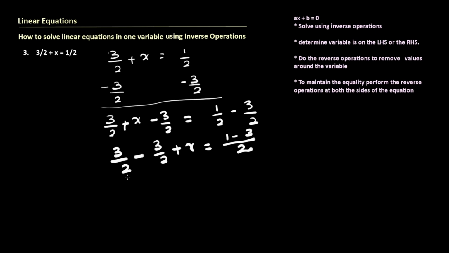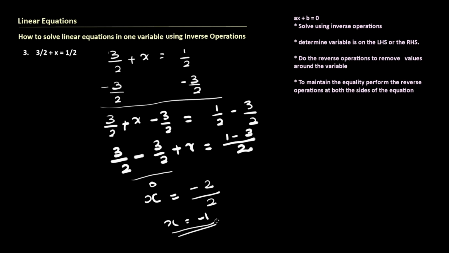Let's look at our left hand side. 3 by 2 minus 3 by 2 becomes 0. So on the left hand side only x remains. So x equals 1 minus 3, which is minus 2, divided by 2. Minus 2 divided by 2 is minus 1. So minus 1 is our solution.